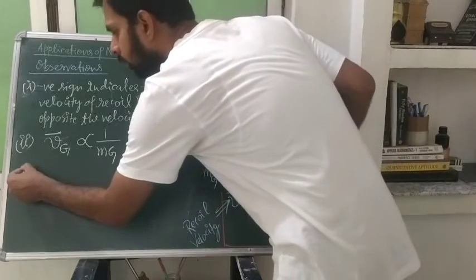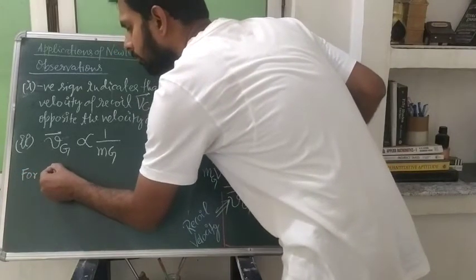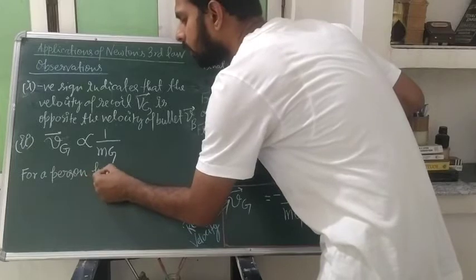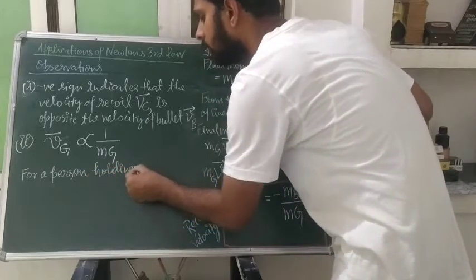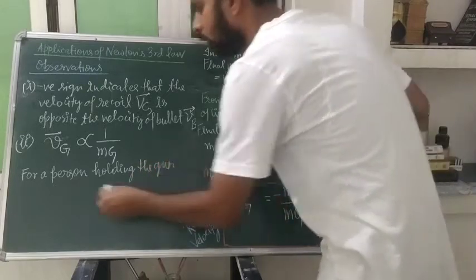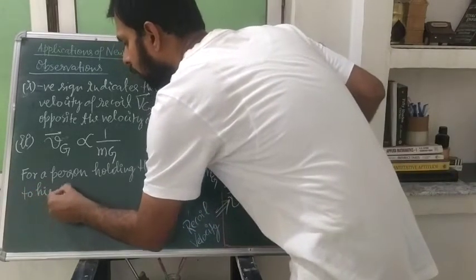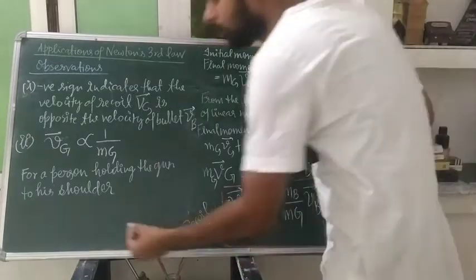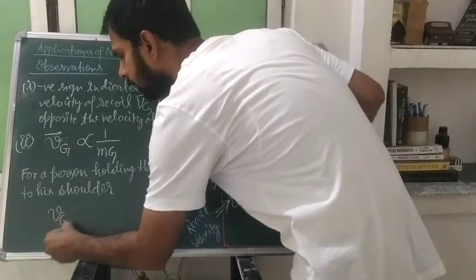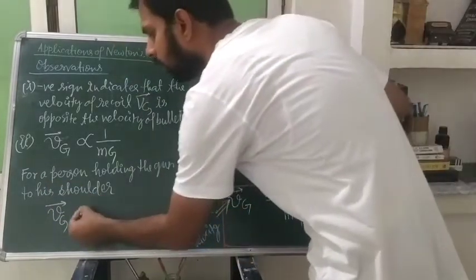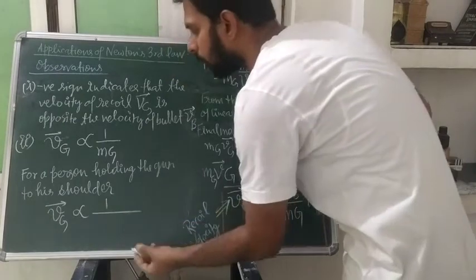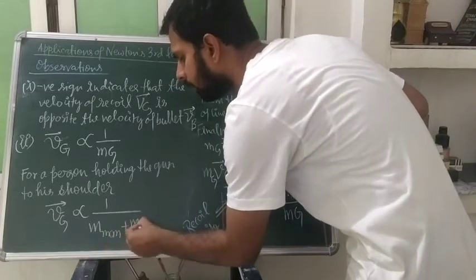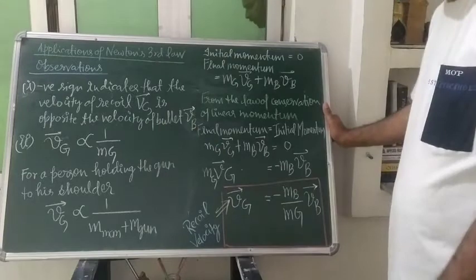for a person holding the gun to his shoulder, you will look at this: the recoil velocity of the gun will become what? 1 upon the mass of the man plus the mass of the gun, isn't it?